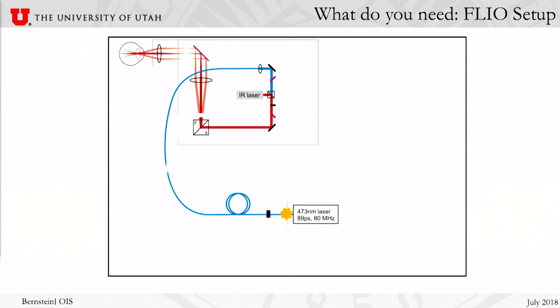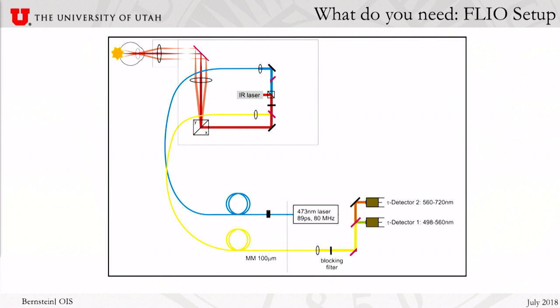If you're setting up a FLIO, there are a number of things that are different. First, instead of a continuous wave laser, you have to use a picosecond laser that is pulsed and sends a continuous train of pulses to the eye as it's scanned across the back of the eye. These photons are then collected, and instead of going to a diode or a CCD array, they go to photon detectors that actually count the photons and the timing of when they come back.